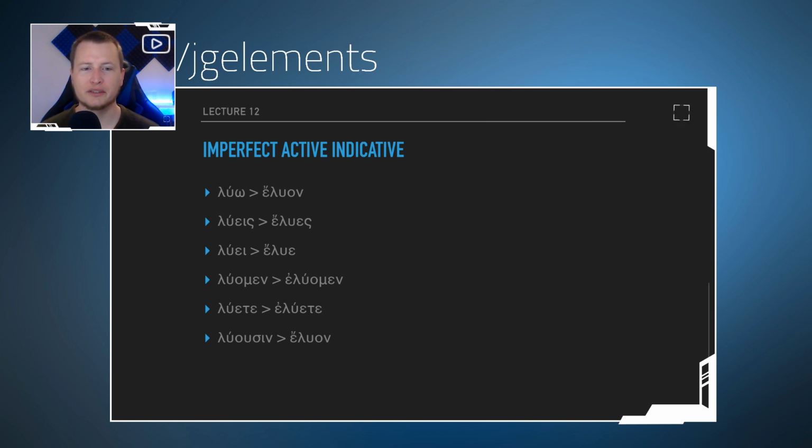Now, you will notice the first person singular and third person plural look identical. Context will be key. Okay? If ego is present, that makes it real simple. So, look at the context.